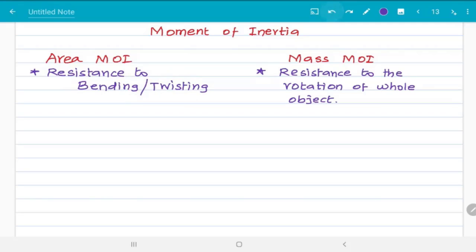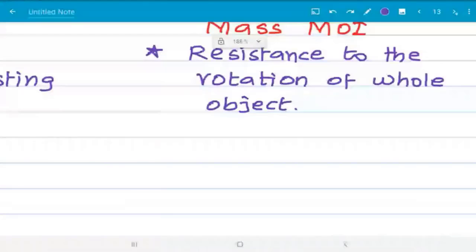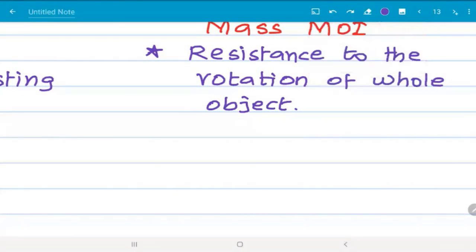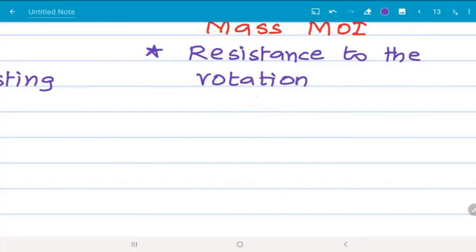Whenever you hear the word rotation or rolling, we have to think about mass moment of inertia only, right? Rotation or rolling, right? Keywords.